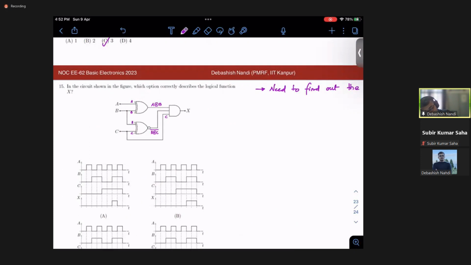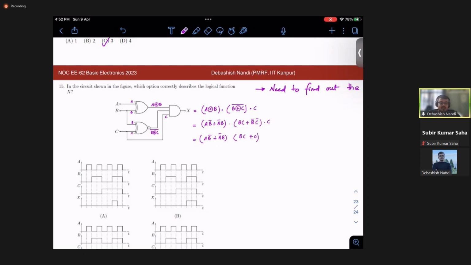So what would be your this value? X equal to nothing but A XOR B and B XOR C bar and C. So this is nothing but A B bar plus A bar B and B C plus B bar C bar and C, right? So this should be A B bar plus A bar B, and if we multiply it, it will remain B C and it will be 0, right?